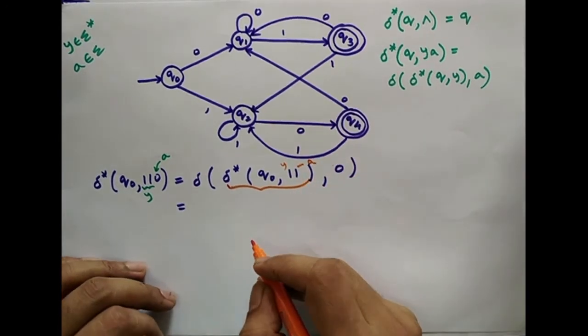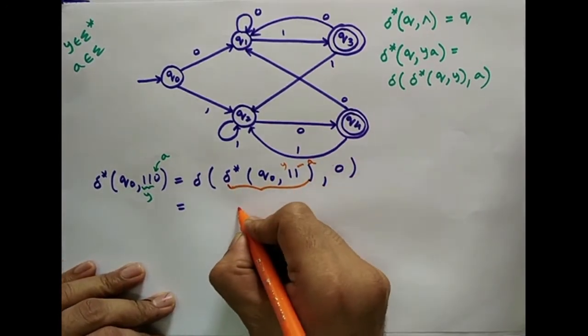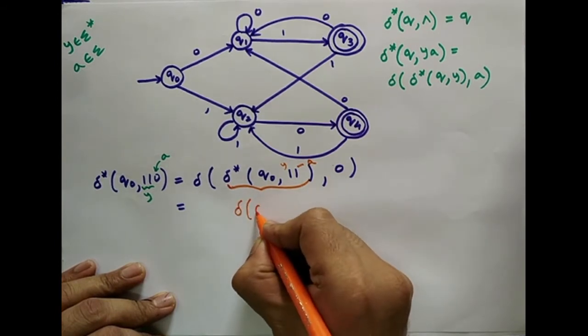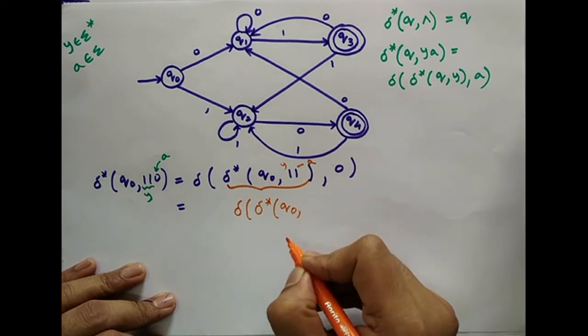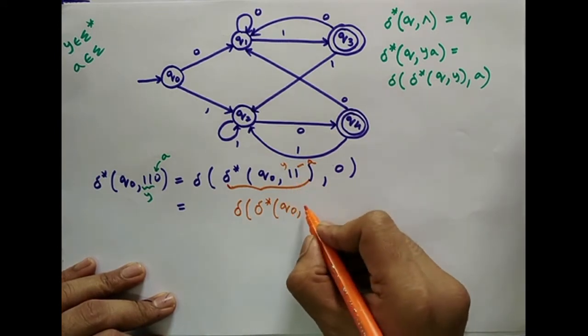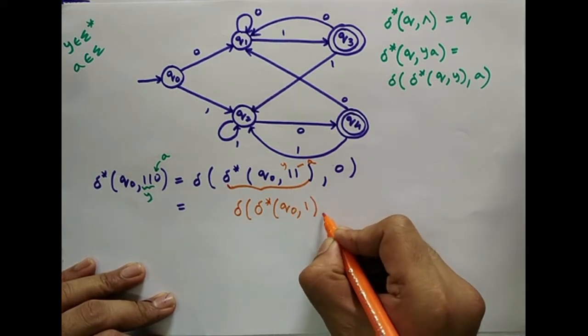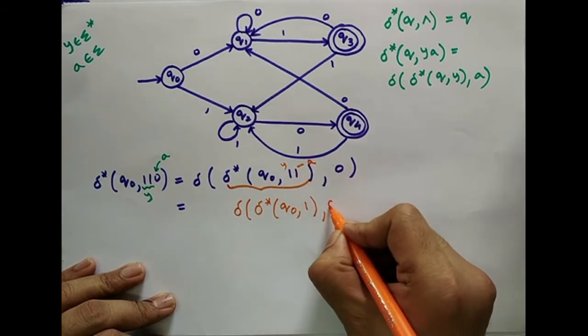So with that, this can be written as delta star of q naught comma y, that is 1, comma a, that is 1.